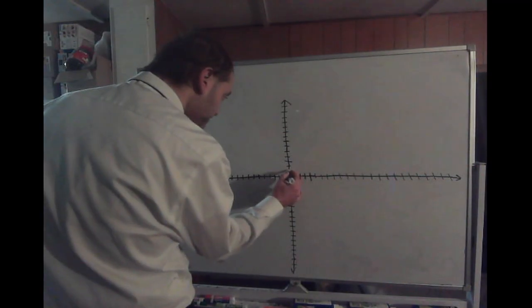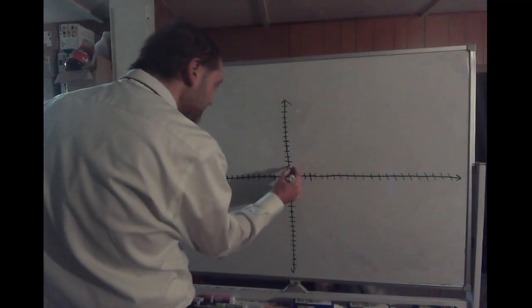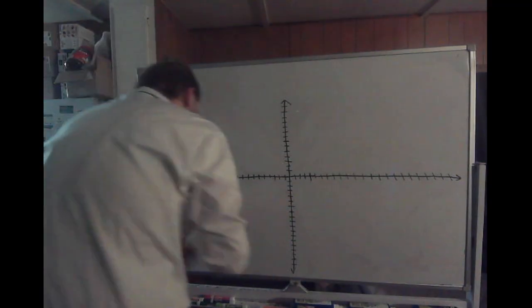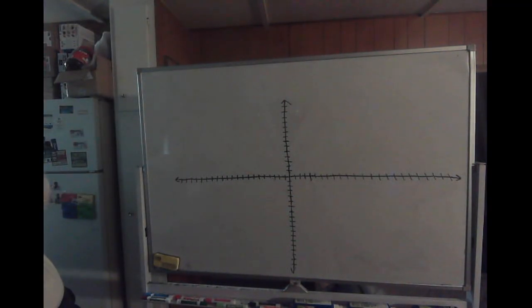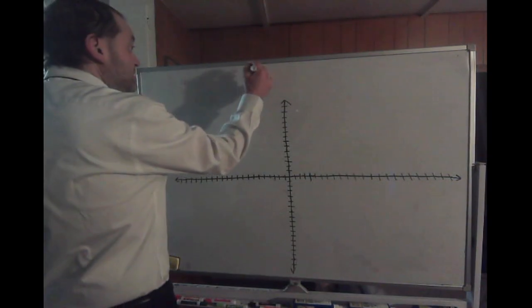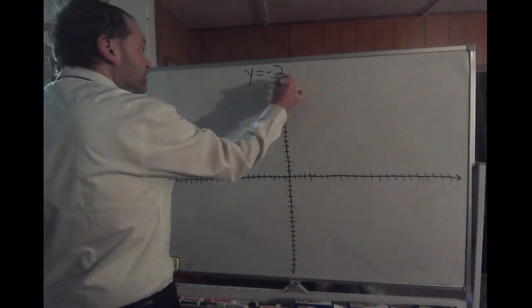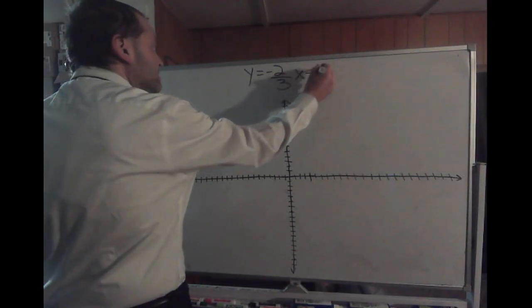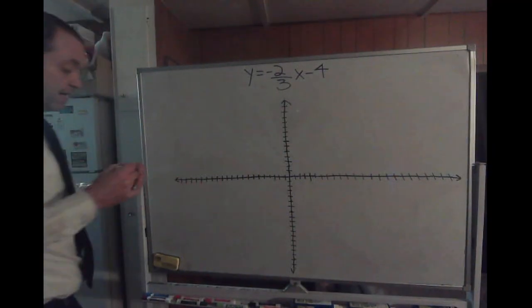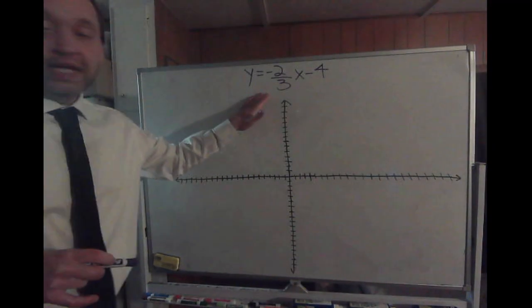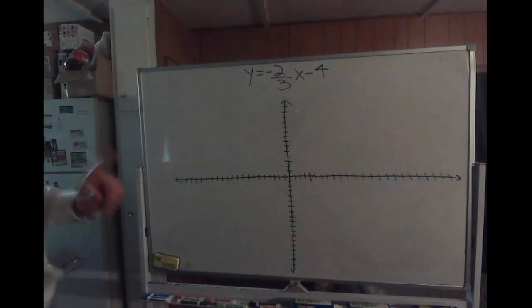There we go. All right. Two more with graphing. Okay, so let's see. y equals -2/3 x minus 4. So we have the equation y equals -2/3 x minus 4.